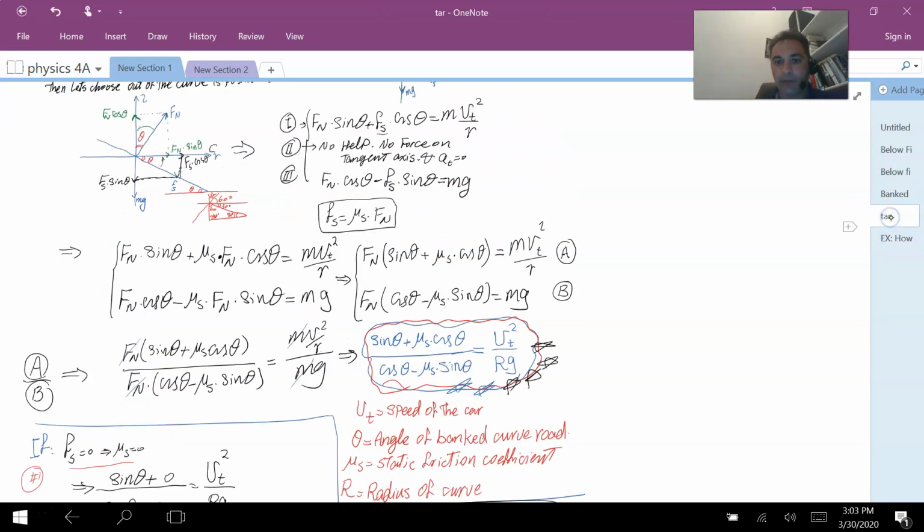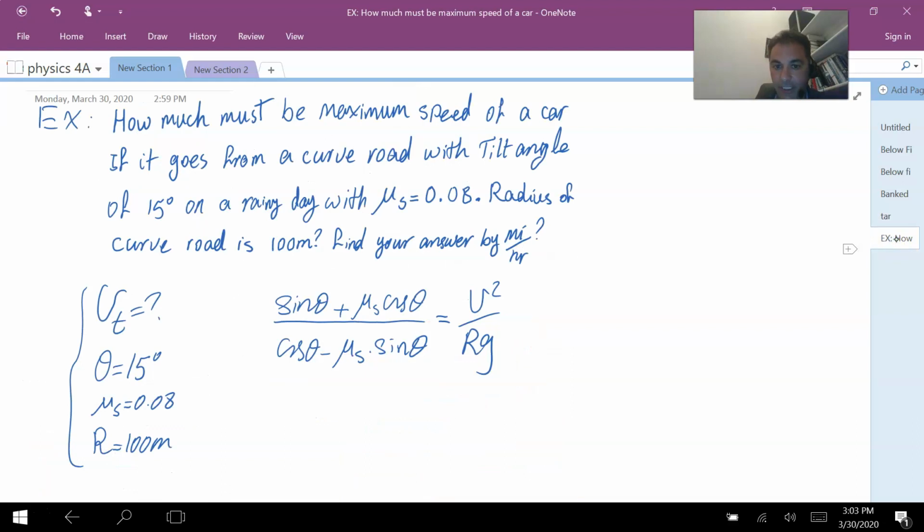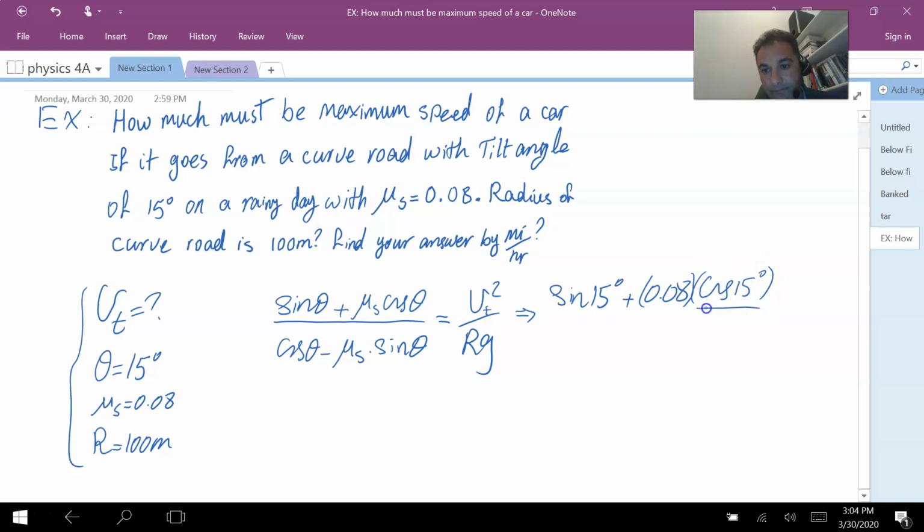So here is your equation. Look guys, sine theta plus mu s cosine theta divided by cosine theta minus mu s sine theta equal v squared divided by rg. Okay, so this Vt is the tangent velocity, same thing. Now let's substitute. Sine theta is sine 15 degrees, mu s is 0.08, cosine theta is cosine 15 degrees, correct?